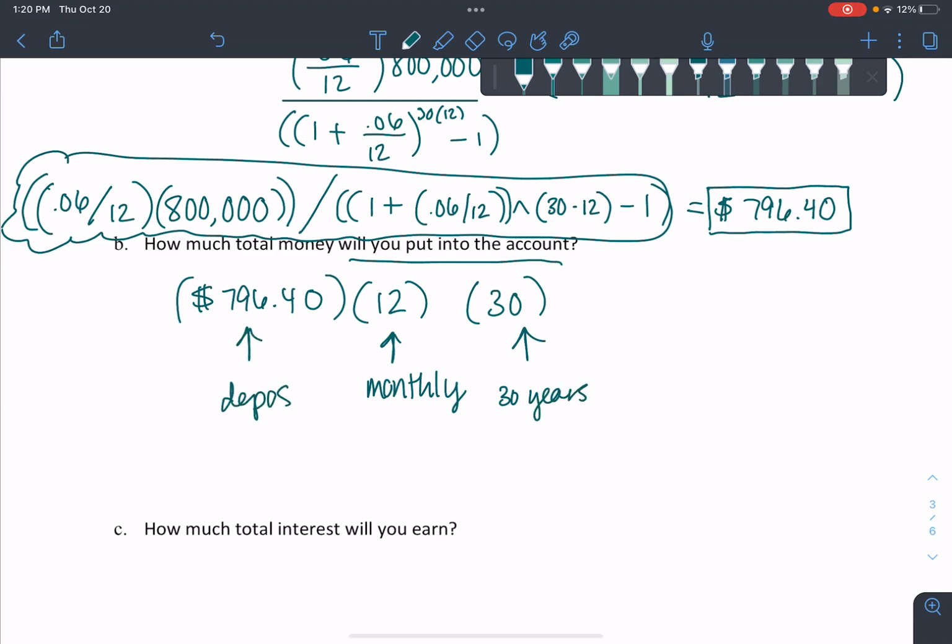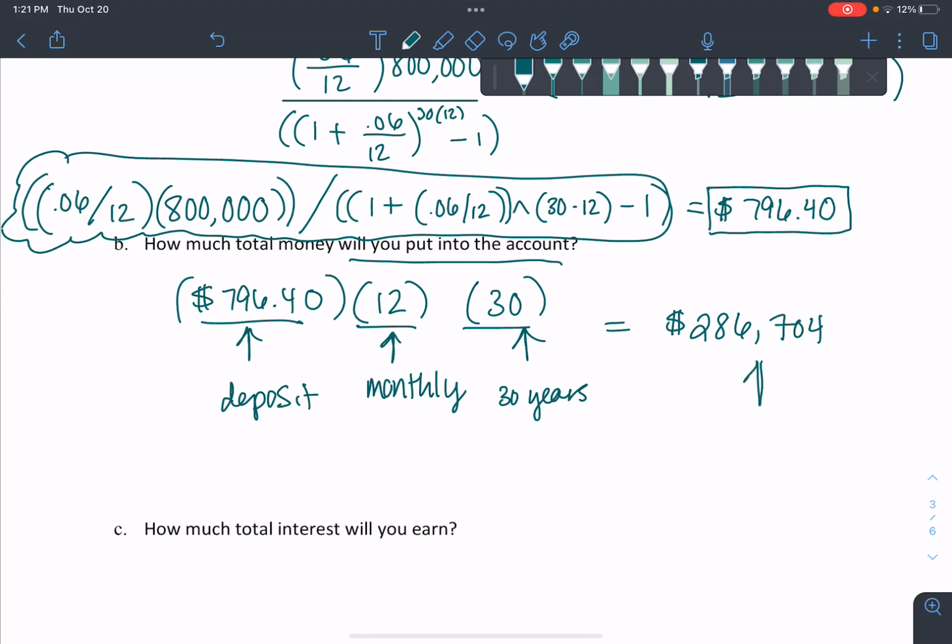So that's what you're doing. You're going to multiply the deposit times 12, because that's how much in a year, and then times 30 years. So if you do that in the calculator, you should get 286,704.